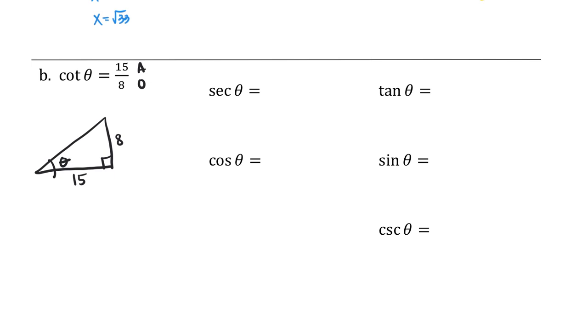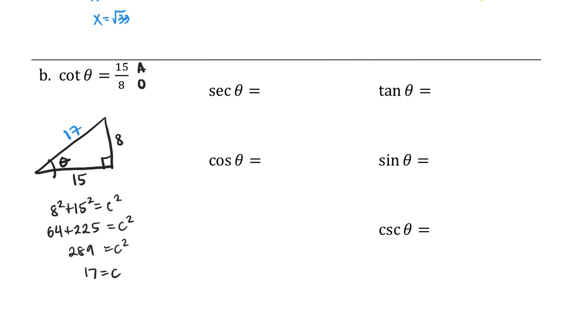Okay, I need my missing side, so let me solve it real quick. Okay, if I square root, it actually comes out nice, it's 17. So the hypotenuse is 17. Okay, now let's see what we got. Secant, oh, we're starting hard. So secant is the reciprocal of cosine.